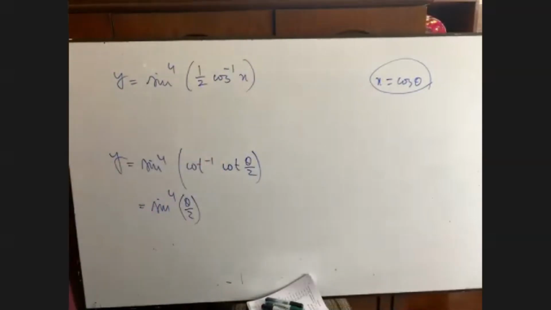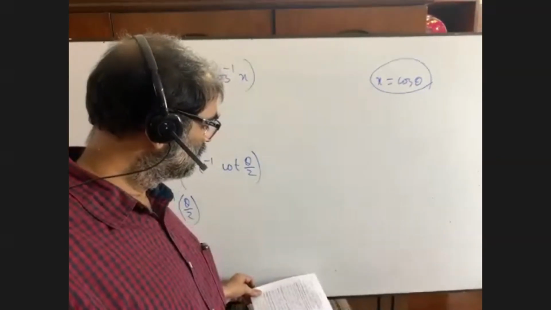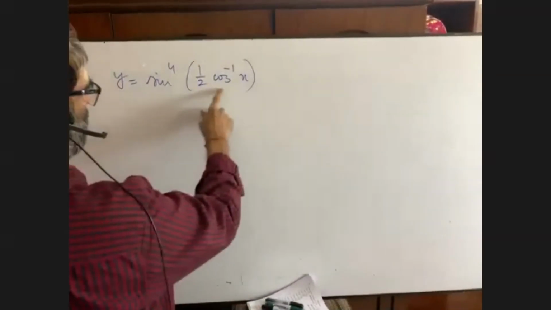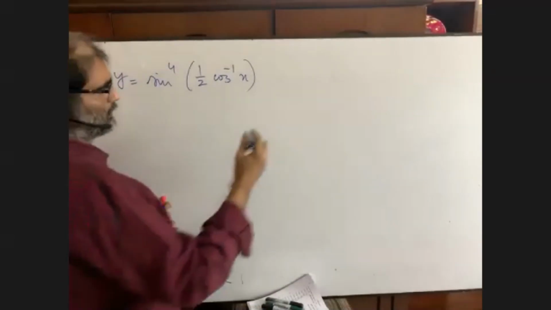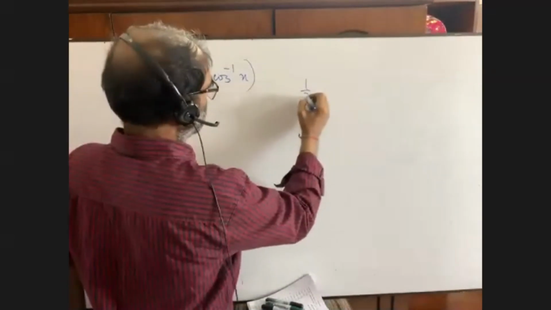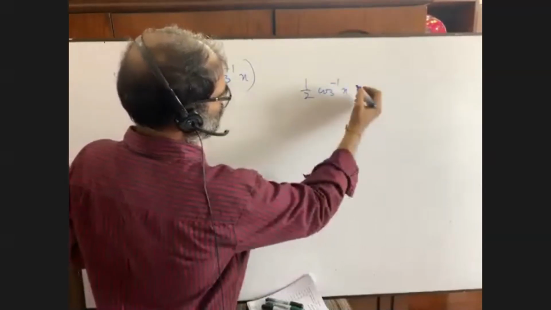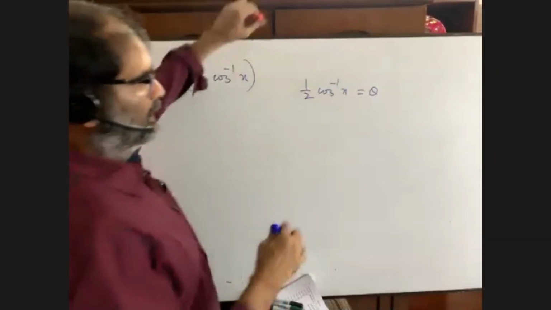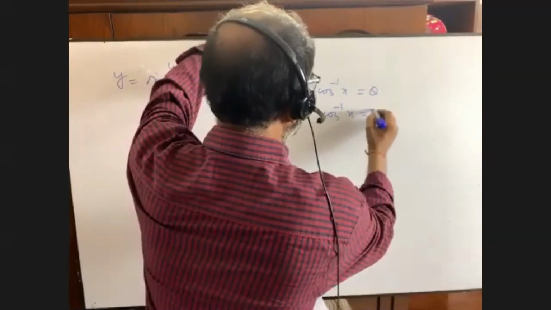Now you have to do this math. Here it is half cos inverse x. Suppose half cos inverse x is theta. That is, we are getting cos inverse x equals 2 theta.